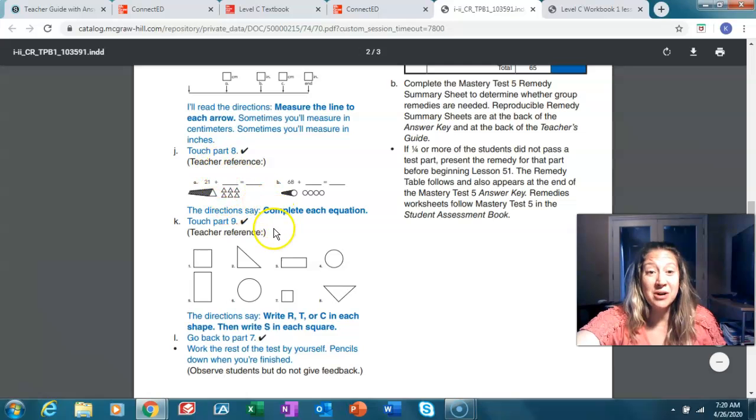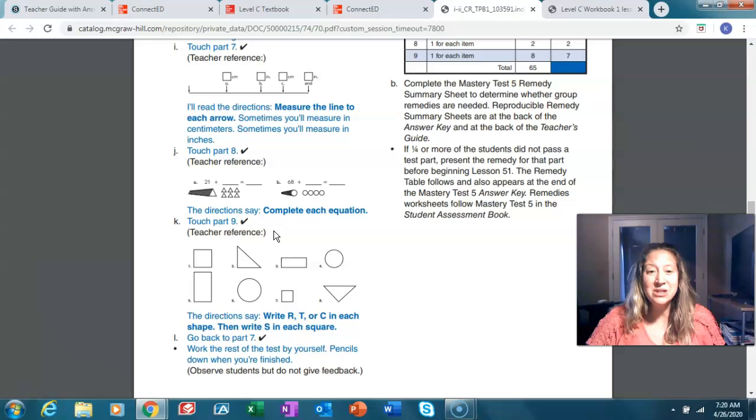Going on to part 8, boys and girls, the directions say that you'll complete each equation. So go ahead and use the numbers that are here to finish the problem and work it. Pause my video and finish it. And moving on to part 9, the directions say that you will write R, T, or C in each shape.